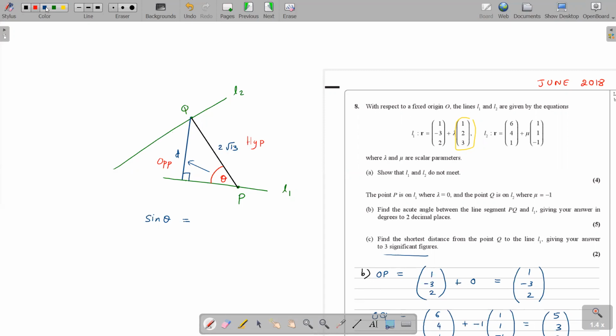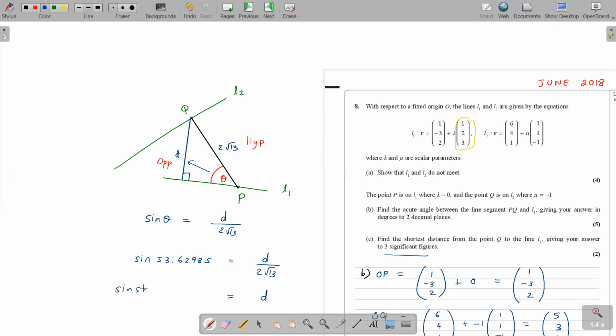So sine theta is opposite over hypotenuse, which is D over 2 root 13. Input the larger value you got for theta. They do not want the exact figure here, so you can give the decimal. Sine 53.62985 equals D over 2 root 13, and get the D value and give the answer to 3 significant figures.